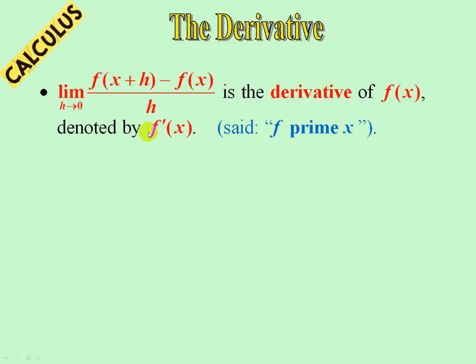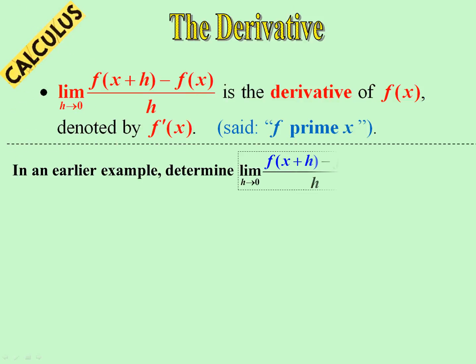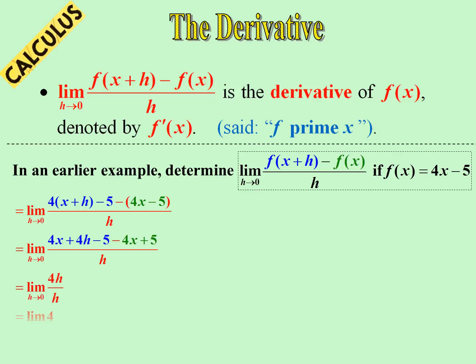Now, this here that we've been finding is called the derivative of f of x. F prime of x. So we write it with a little angled dash there of x. But we say f prime of x, or f prime x. There, we did that in an earlier example.